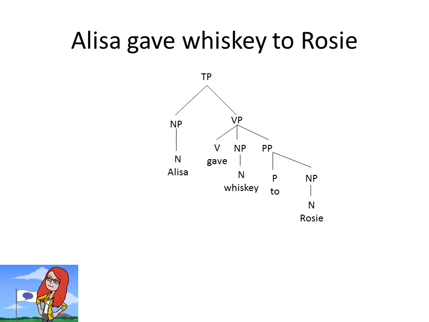Let's try one more. In the sentence, Elisa gave whiskey to Rosie, what's this PP? An oblique or an indirect object? Great, you're right. It's an indirect object. Good job.